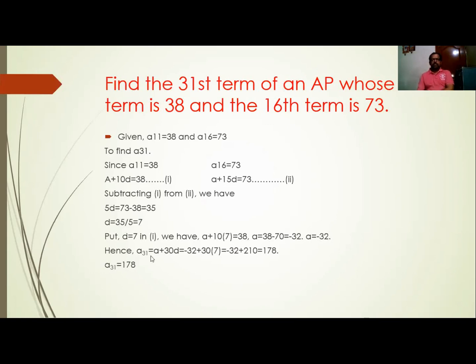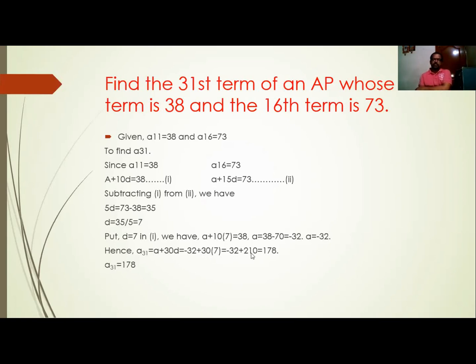So can you find the 31st term now? Because we know the value of D and we know the value of A, we can find the 31st term. Since A31 is given by A plus 30D using the formula, substituting the values of A and D will give us minus 32 plus 30 times 7, that is minus 32 plus 210.